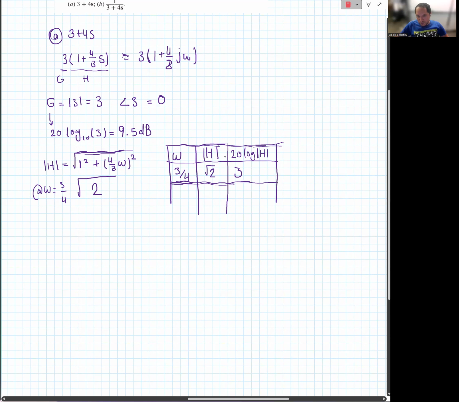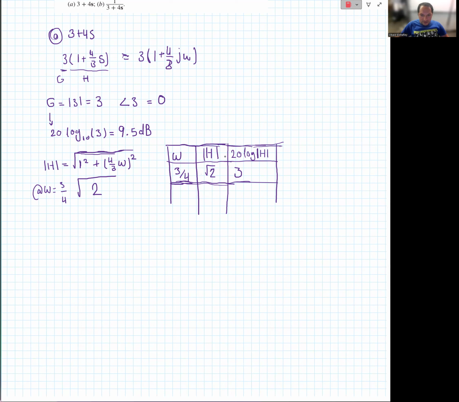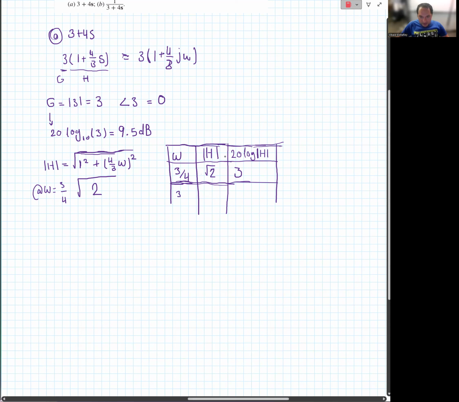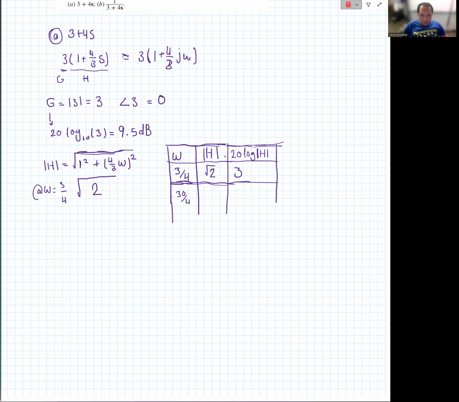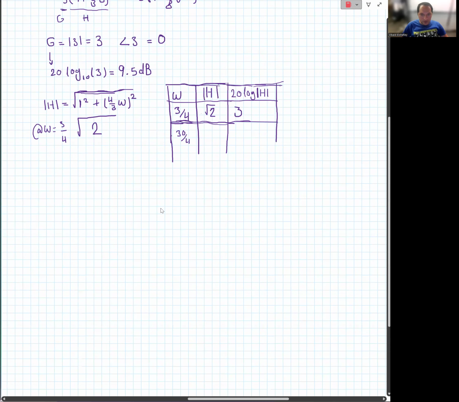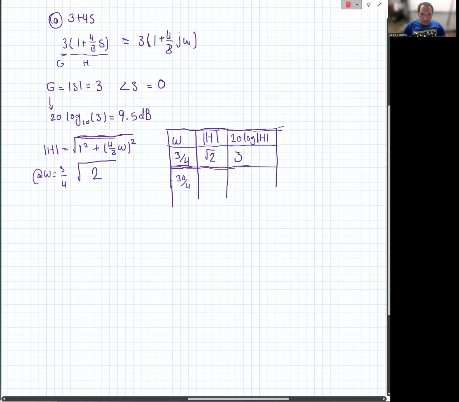Please just check the forms and the lecture notes. They are much clearer. Then, this is my W, and this is referred to as WC. So when W is 10 times WC, when W is 30 over 4, you can as well solve for H and solve for 20 log H, and so on.